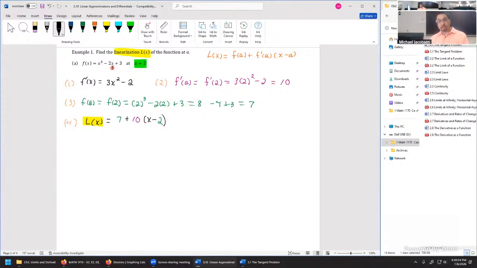Again, it's a pretty nice refresher problem. And it's not a bad idea to graph it as a graphical check to see if we're on the right track so far. But you know what's kind of weird about this is that's a pretty decent stopping point. If you decided to distribute 10 inside and combine your like terms, no harm done whatsoever. But leaving it in this form reveals some interesting information.